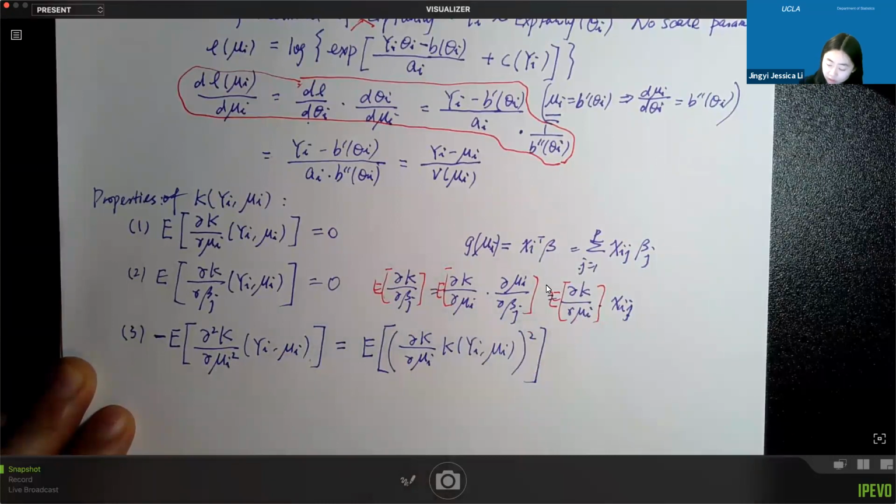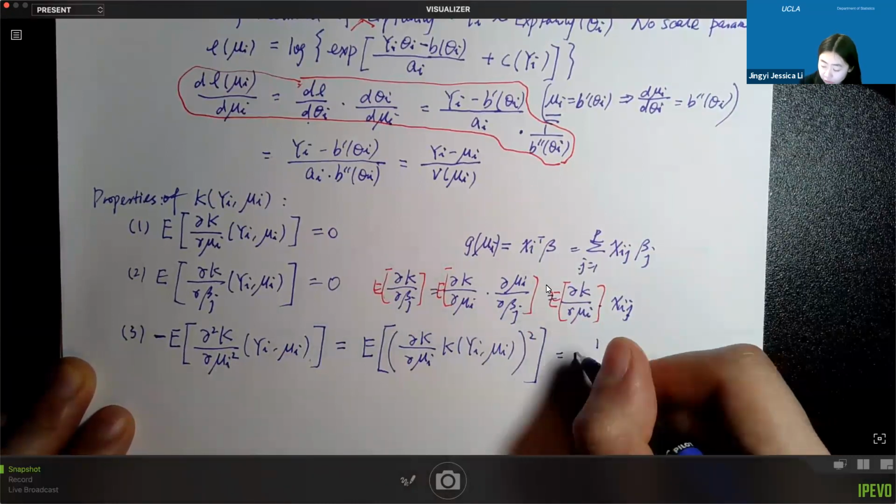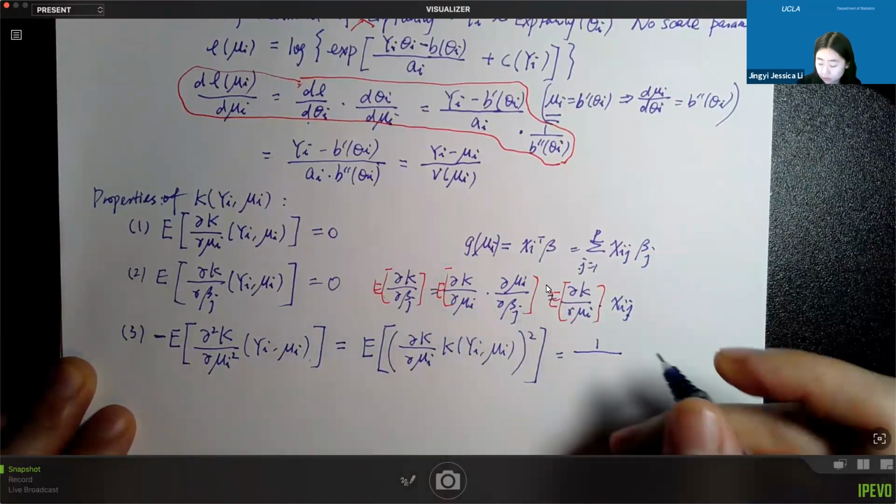And we know that this is equal to 1 over the variance of y_i, V(mu_i).